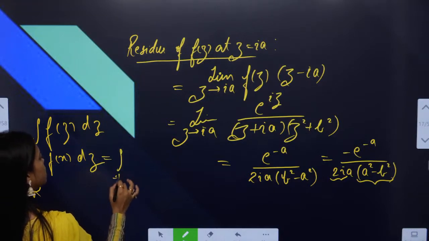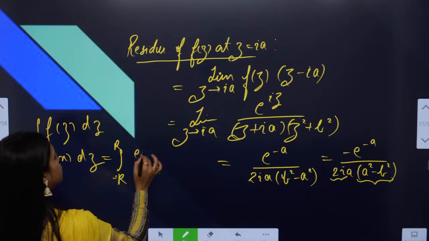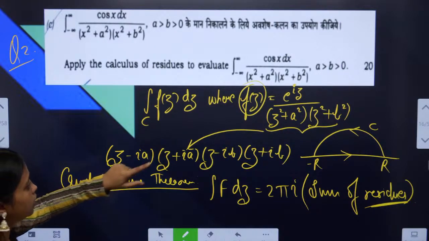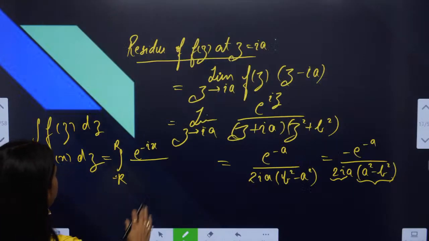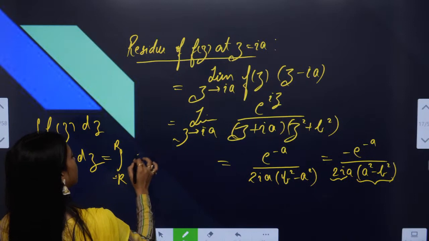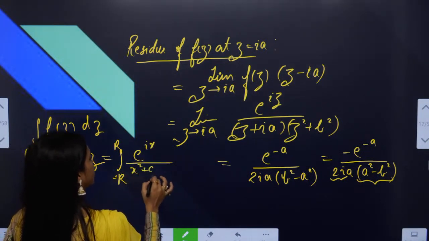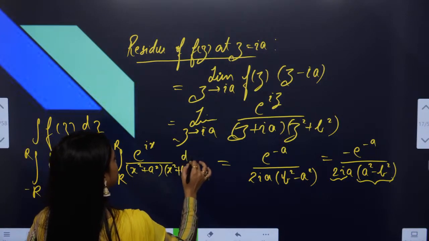This will be e raised to the power iota x upon (x square plus a square)(x square plus b square) dx.